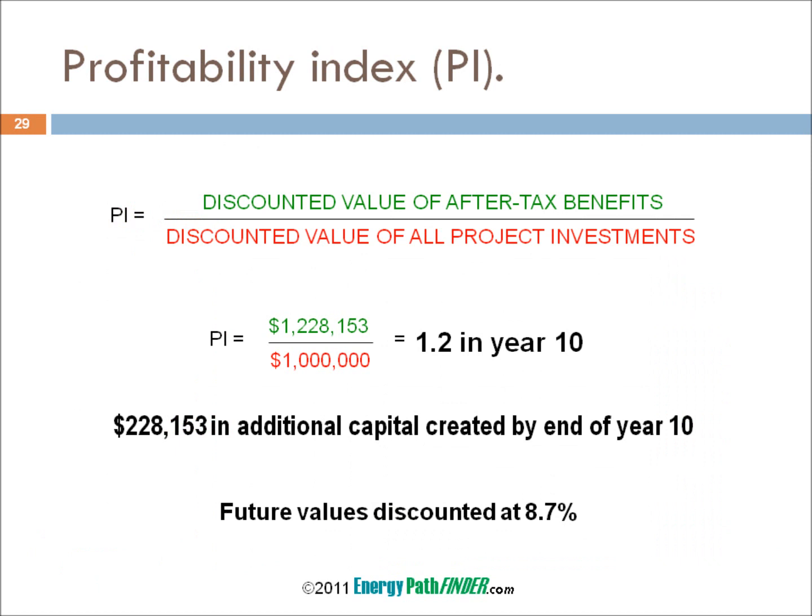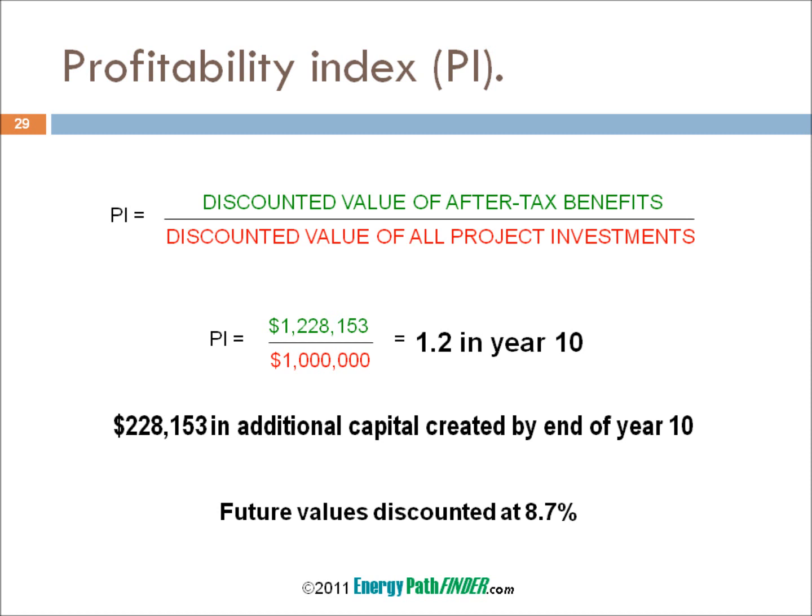The results from the cash flow allow us to calculate a profitability index, or PI. The upper line of the PI ratio is the investment's benefits, the total sum of future after-tax discounted cash flows. The lower line is the sum of total project investments, which in this case occurs entirely upfront at the beginning of the first year of this project's economic life.